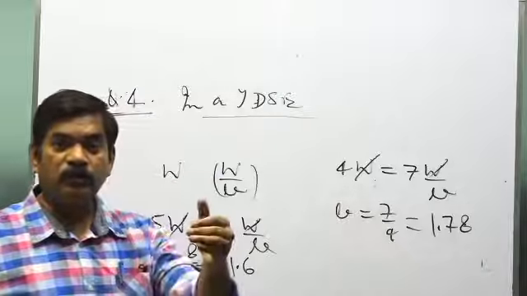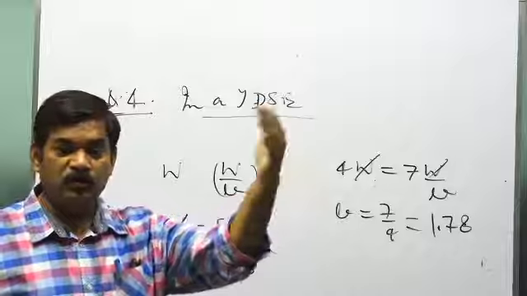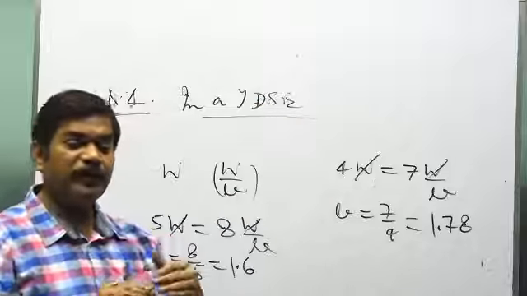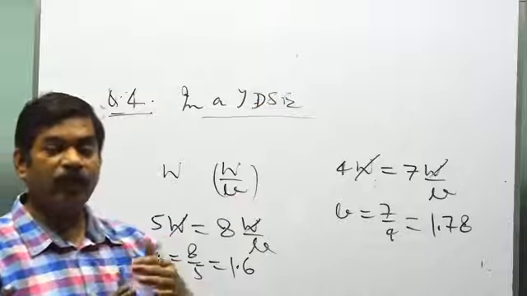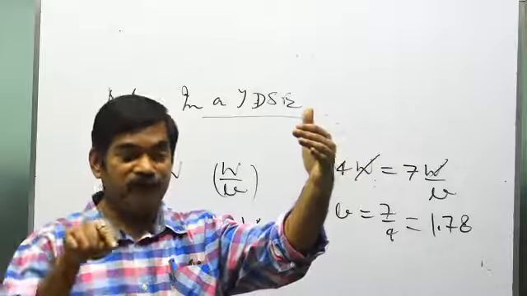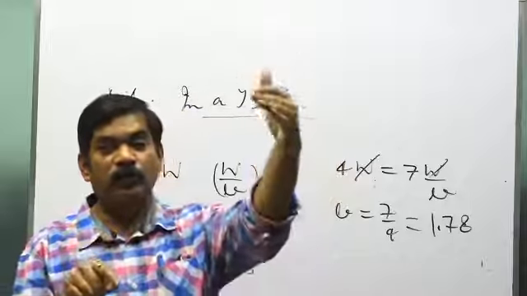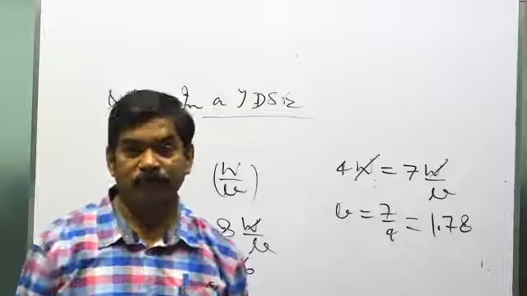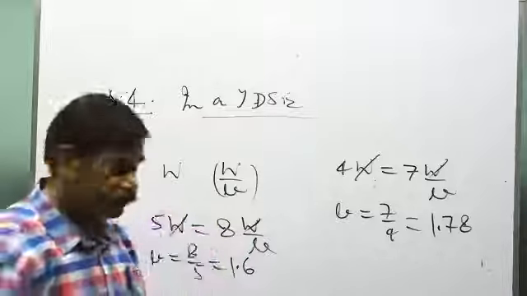Then n equals 2, 3, 4. So because the center is the first maximum, at n equals 4 you'll get the fifth maximum. Is that clear?